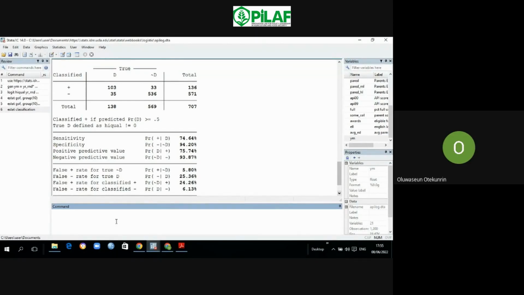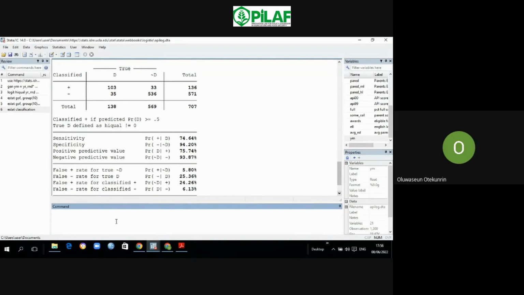That is what it means. So if you want to get the rate of false positive, first of all, go to where you can get false positive. You get false positive in cell B, and that is 33. So what is the total for that whole column? It is 569. And when you multiply by 100, you get 5.80. So that's how to calculate the rate for false positive for those that are not of high quality. Those that have given us a misleading conclusion is 5.80.